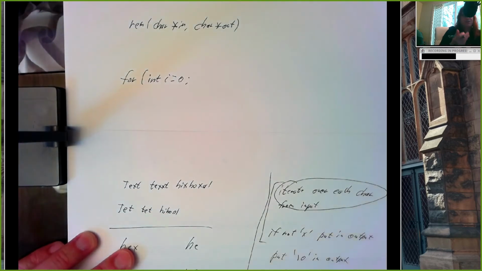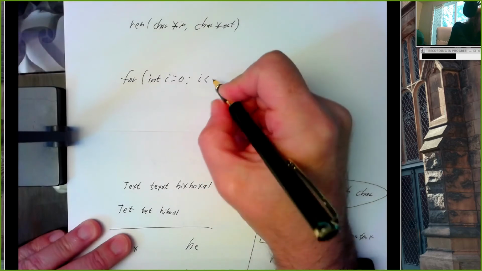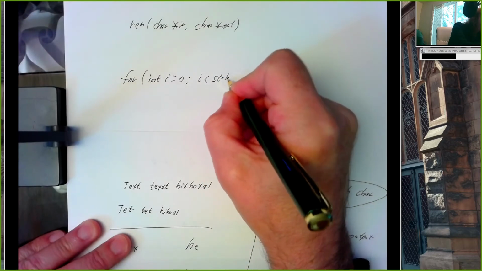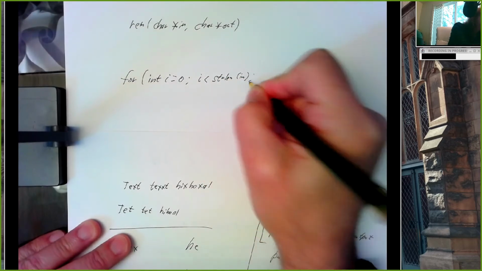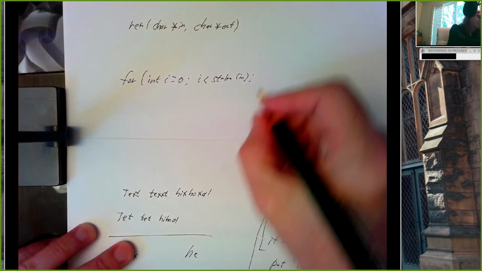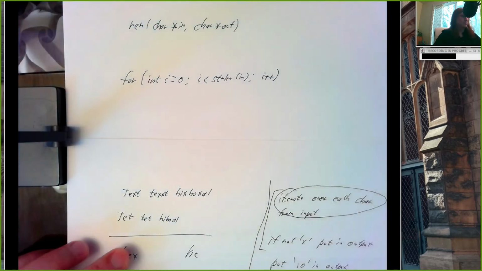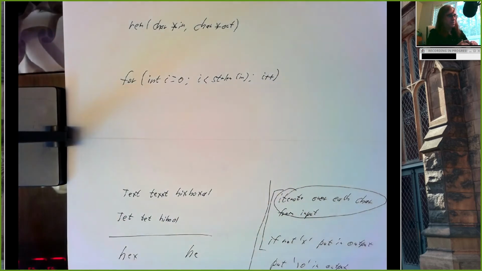And then if we want to go through every character, you could do I less than string length of your input. And the third part of your for loop is what to do at the bottom of your loop, which is I equals I plus 1, or just I plus plus. So this will certainly go over each character of our input.